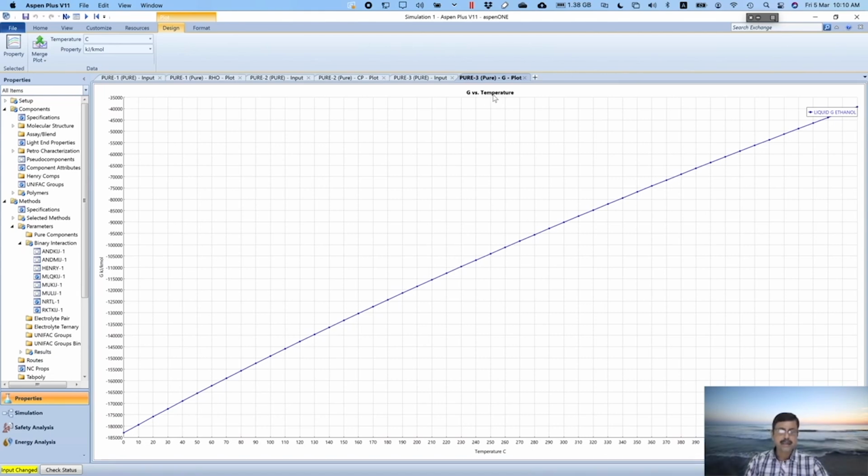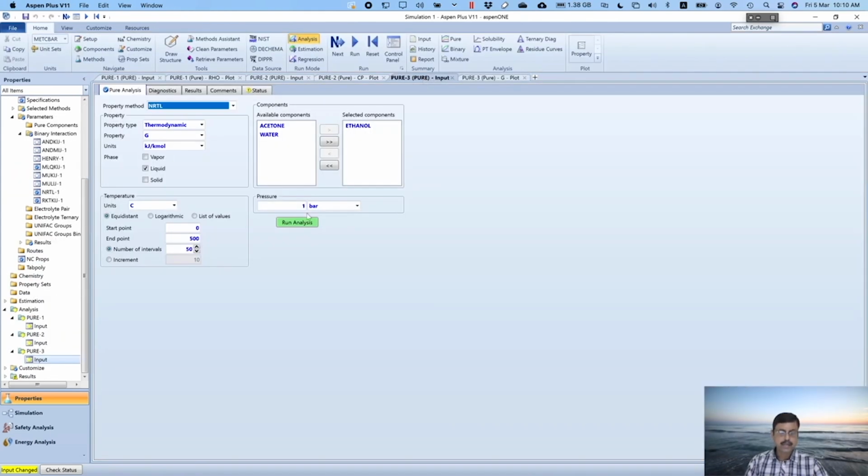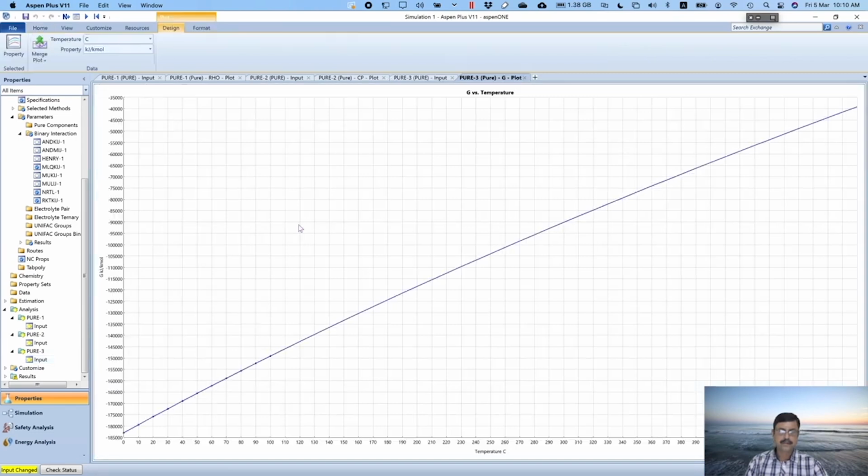And if the same thing you do at 20 bar, you will get this curve.